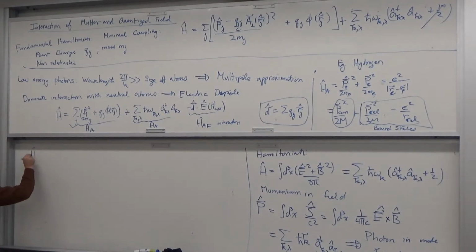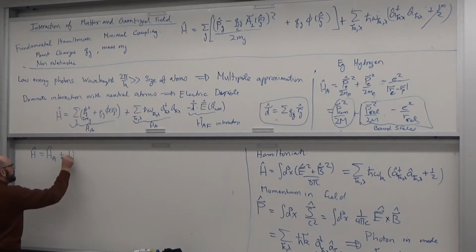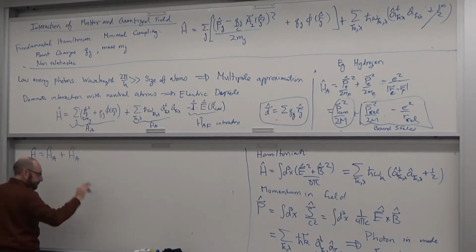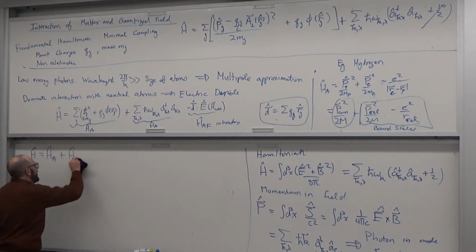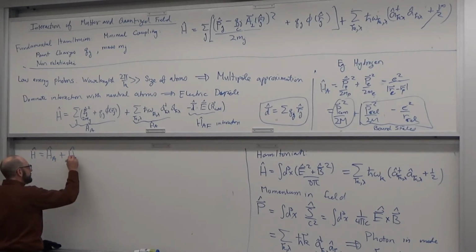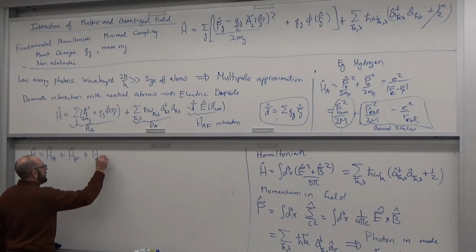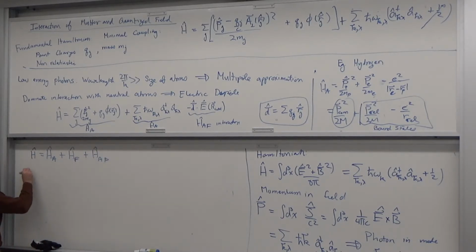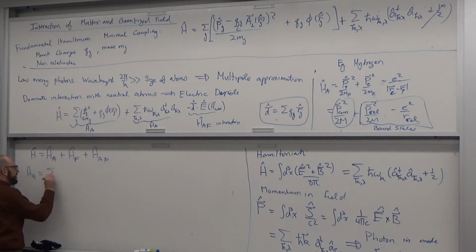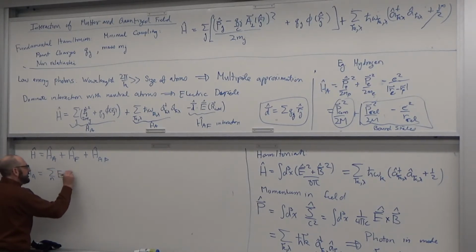The Hamiltonian is the Hamiltonian of the atom plus the Hamiltonian of the field plus the interaction Hamiltonian. The Hamiltonian of the atom, well, I can think about this in terms of the energy eigenstates of the atom.